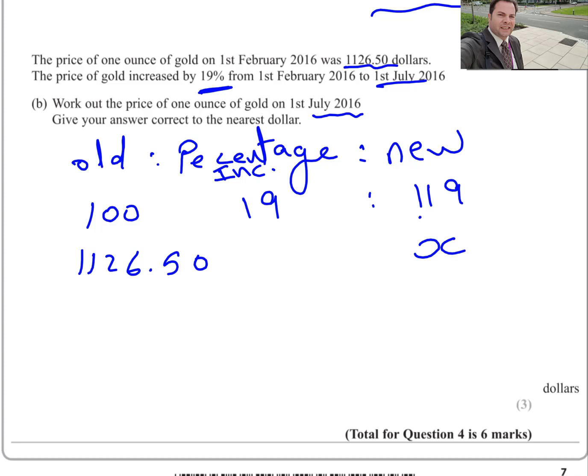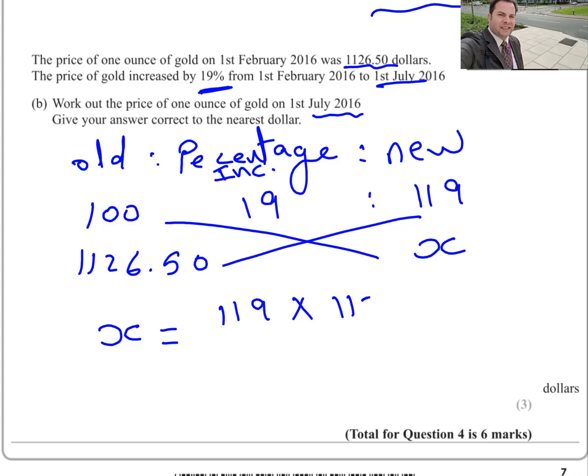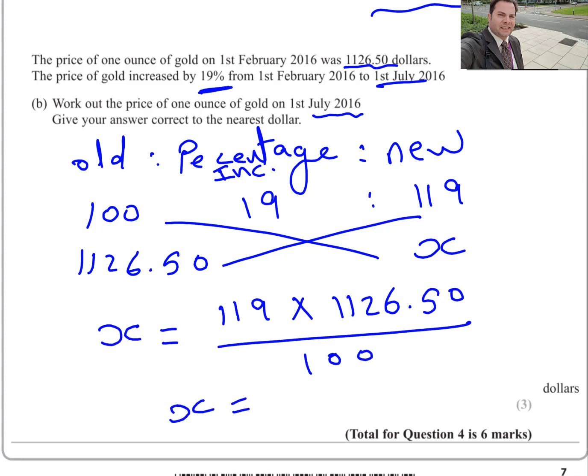The new is not given. Let it be x, then use cross multiplication. So x is equal to 119 multiplied by 1126.50, all divided by 100. You will get the new value.